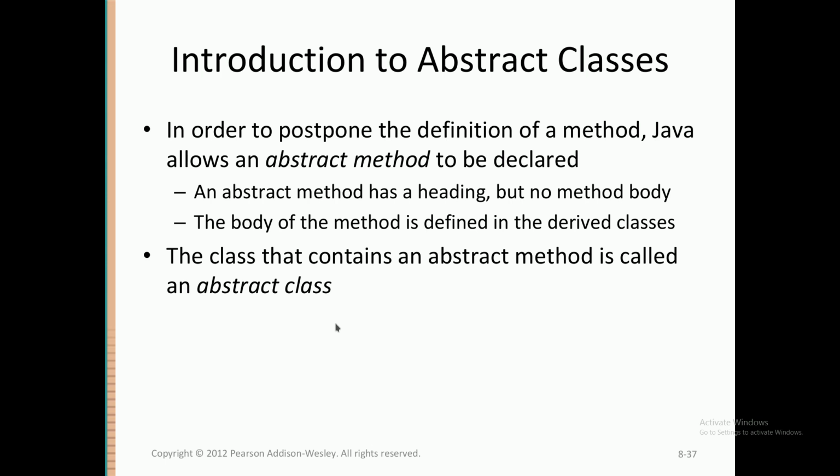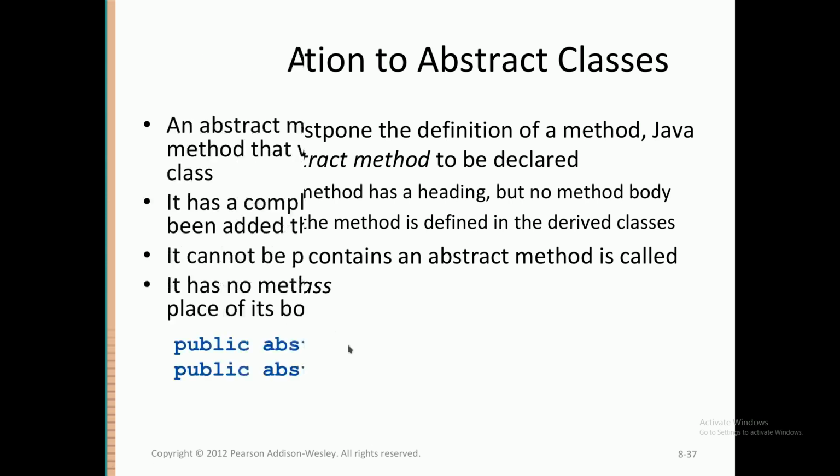You have to distinguish between the two. If there is an abstract method, automatically the class has to be abstract. But if the class is abstract, does it mean that it has to have at least one abstract method? No. We can have an abstract class with no abstract methods.